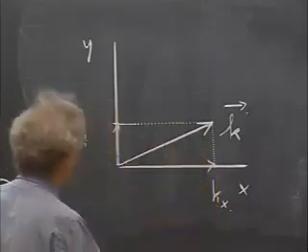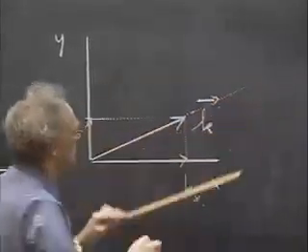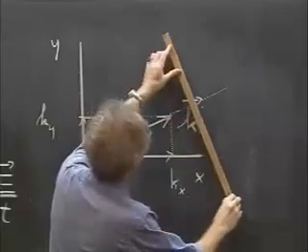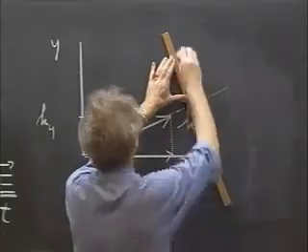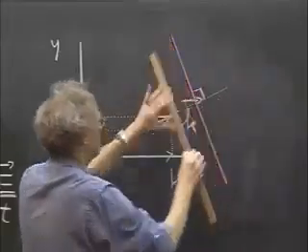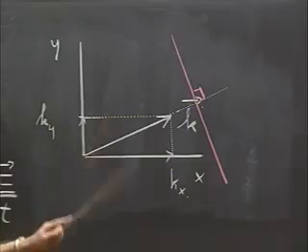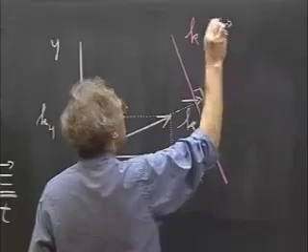I'm going to draw a line perpendicular to the k vector. This line here is perpendicular to the k vector. This angle is 90 degrees. I will convince you that on that line, k dot r is a constant.